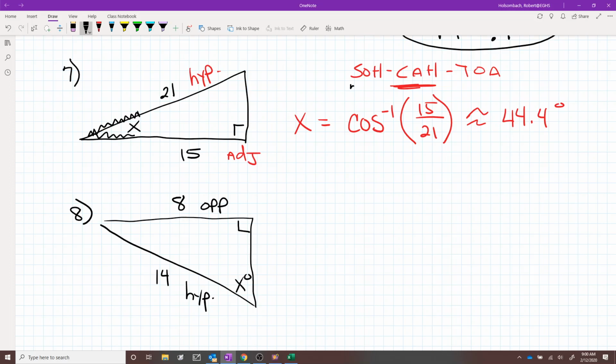Opposite and hypotenuse is sine. You're trying to find an angle measure though, so you have to use inverse sine. So your x is equal to inverse sine of your opposite side over your hypotenuse. So again, that's 8 over 14, second sine, 34.8 degrees.